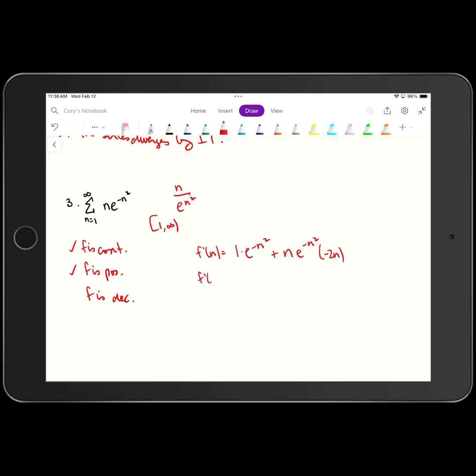So when I go through and simplify this, I'm going to go ahead and factor out e to the negative n squared power. When I do so, that leaves me with 1 minus 2n squared.